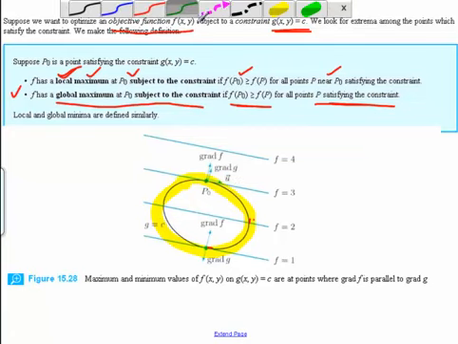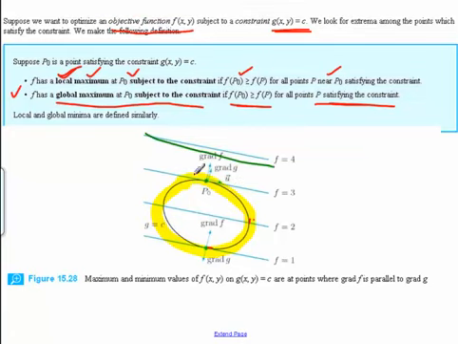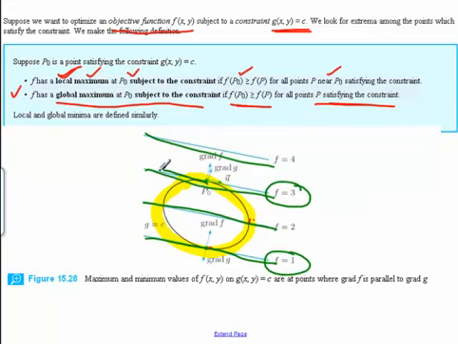And then we have our objective function at various levels, various different level curves, f equals 4, 3, 2, and 1. And what we see is that our global max and our global min occur at the points when my objective function is tangent to my constraint. So here, when f equals 3, we've got a tangent line to my constraint, and same down here when f equals 1, which is my local minimum.